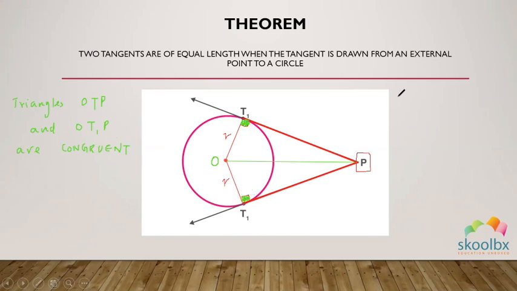And then two radii and one common line in between. So angle OTP is equal to angle OT1P, because both are 90 degrees. Yes, you're right. The radii are equal, correct? So the line OT1 is equal to the line OT because they are radii. And OP is equal to OP itself, because it's reflexive or common.